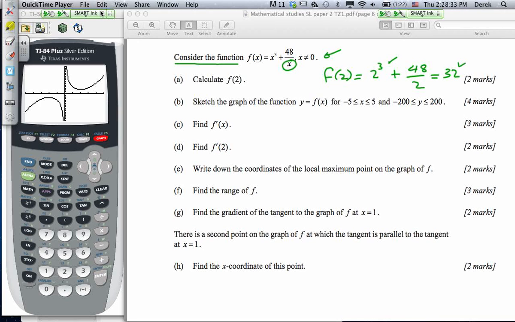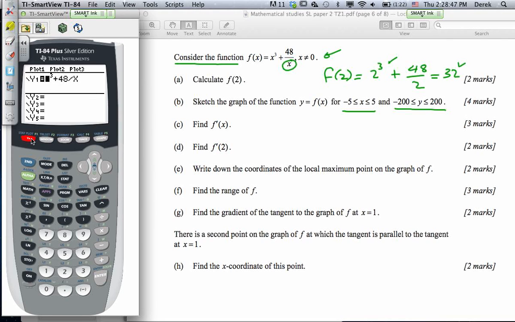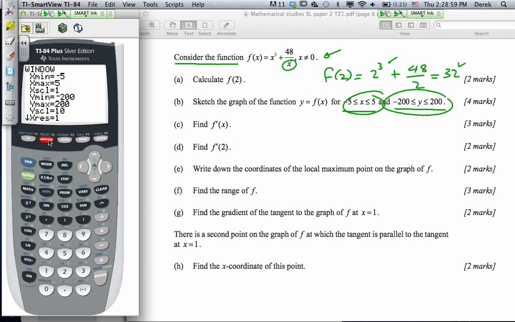Then it says sketch the graph of the function y is equal to f of x for this domain and this range. Now I have got it here in my calculator, so I have put in my graph there in the equation x cubed plus 48 over x, and notice also for the window I have put in these values into the window so that I have them.